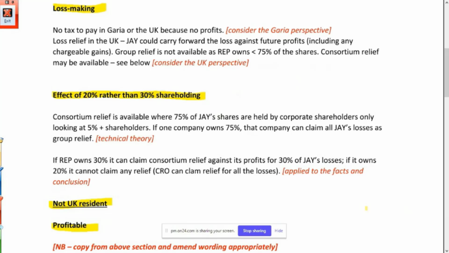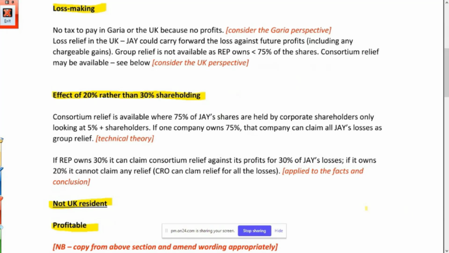Okay, so then we apply that to the facts. If REP owns 30%, and the other UK company CRO owns 70%, yes, that's a consortium relief situation, and REP could get relief for 30% of J's losses. If it owns 20%, the other company must own 80%, and that's more than 75%, so they'll get relief through group relief of all the losses.